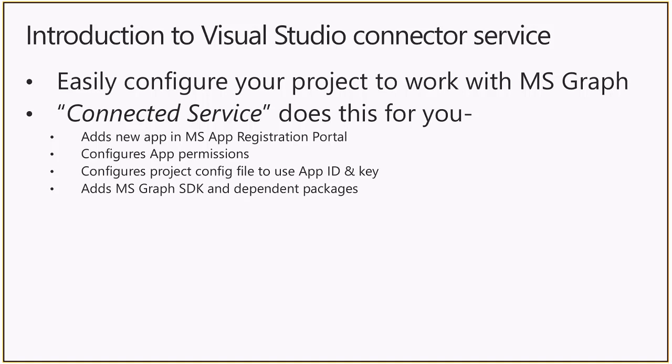Whenever you are doing the programming, you need to define the permission scopes, that what your program is going to do. If you are going to deal with a mail, or if you are going to deal with the user profile, then these are the permissions you need to give. And when your user logs in into your application, the user will be shown a screen which says that this application requires following permission. Do you consent?